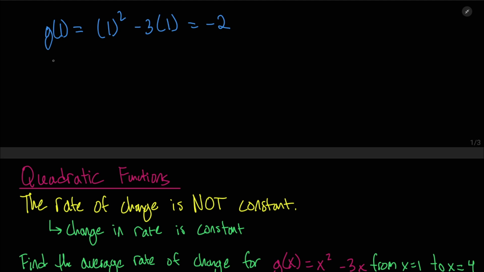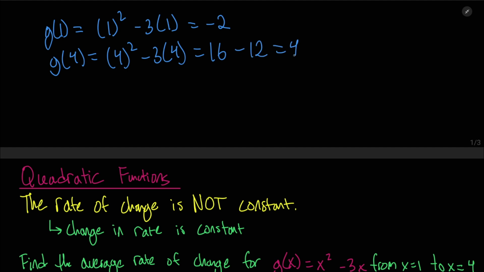All right. And now let's find the other one, g of 4. That's going to be 4 squared minus 3 times 4. What's 4 squared? That's 16, minus 3 times 4, which is 12. That's 4. Okay, same formula from earlier: f of b minus f of a, divided by b minus a. We're going to do the same exact thing.